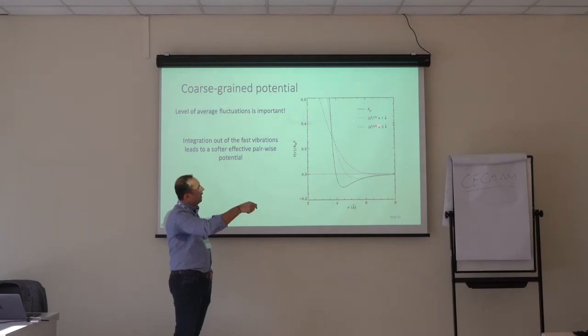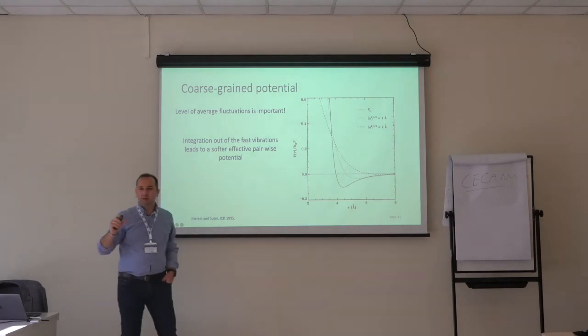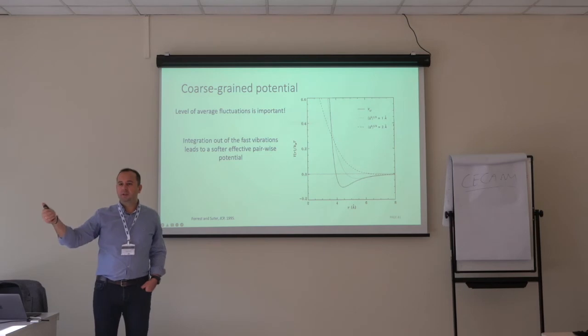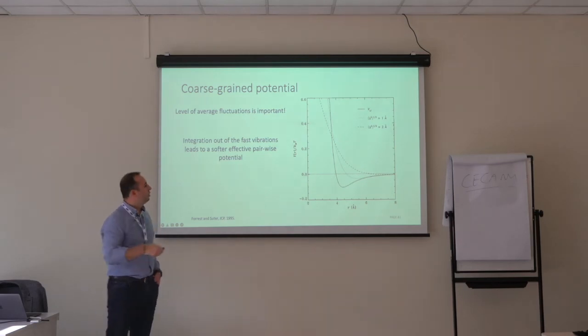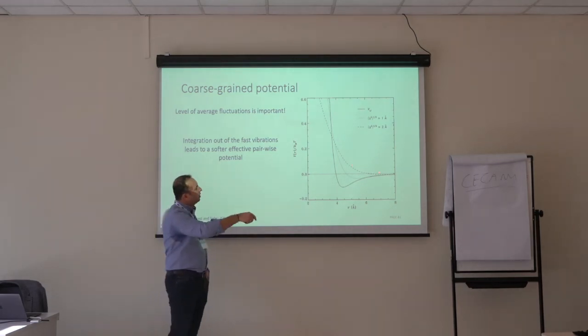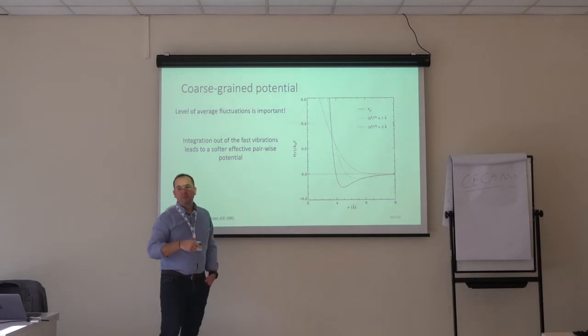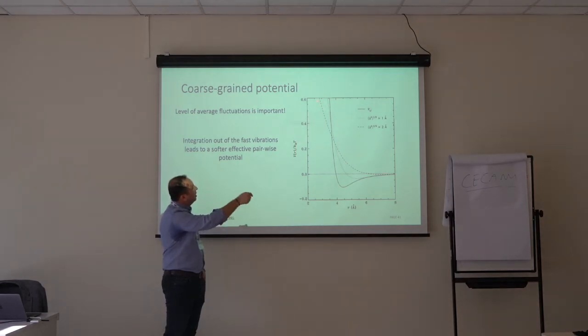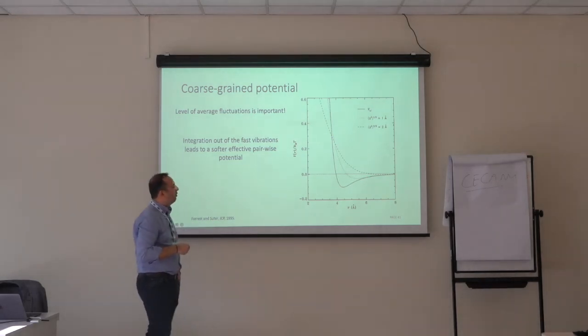When you average at longer times, which practically means that your level of coarse graining is increased, either time coarse graining or length scale coarse graining, your potential starts to become much softer. We have this van der Waals potential, the dotted line, and you have this much softer potential, which has the larger level of coarse graining.